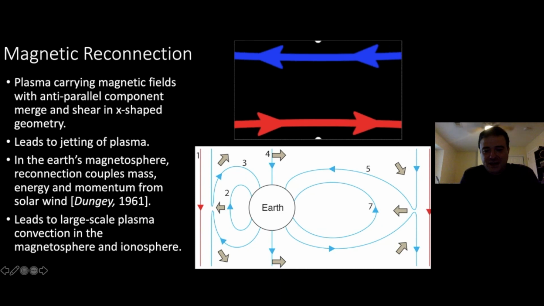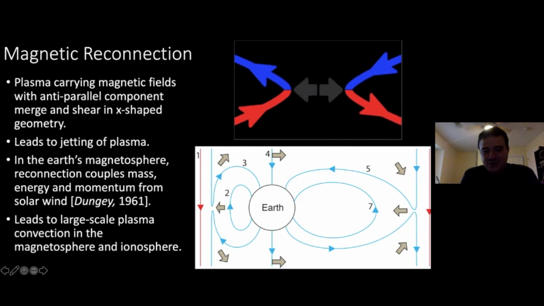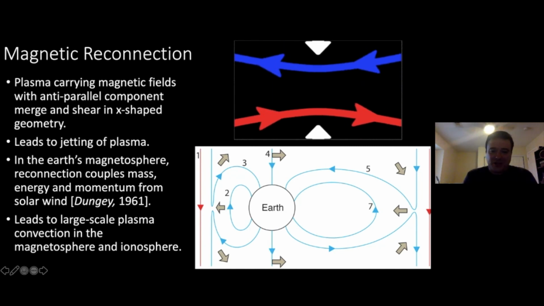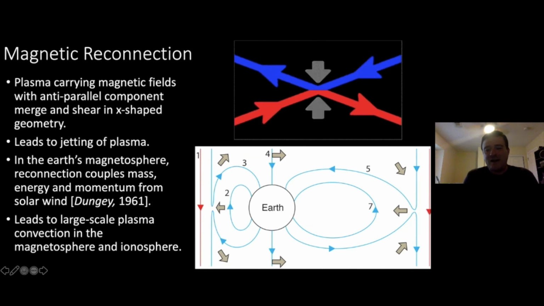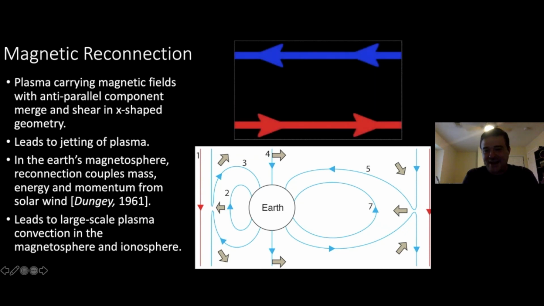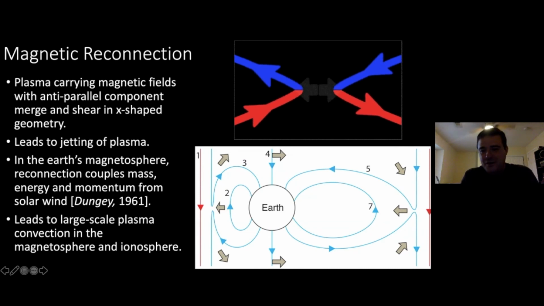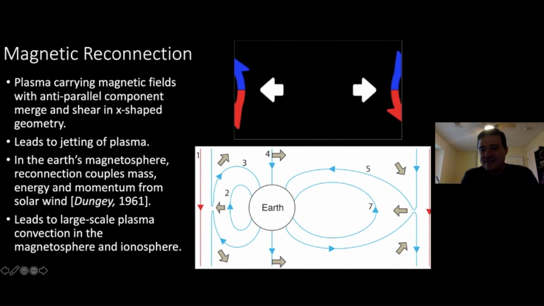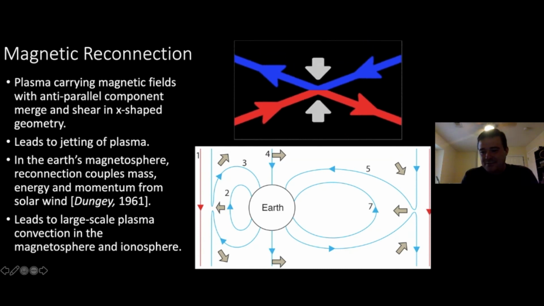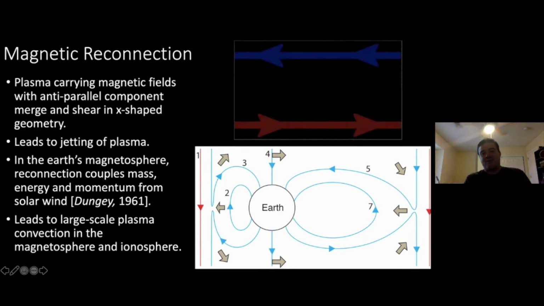So you can see that the Earth's magnetic field points northward at the day side, and as the solar wind magnetic field comes in, it reconnects. You get this X-shaped geometry, and the fields are very taut, which means there's a large Maxwell stress, which leads to jetting of plasma and then a carrying of this open magnetic flux over the polar ionosphere, and then into the tail, where this reconnection occurs again, and the field lines move towards Earth, closed, and then swing around to the day side where they'll reconnect again.